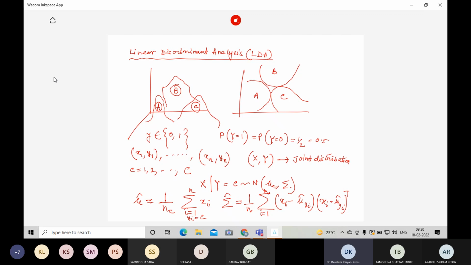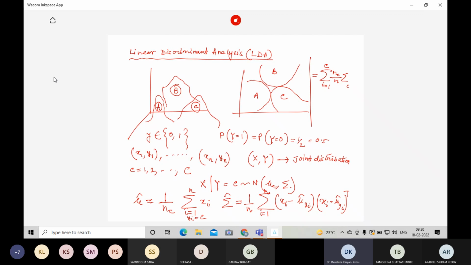This covariance matrix sigma can be further denoted by the summation over c of n_c divided by n times sigma_c. That means this covariance matrix is determined for a particular class c.